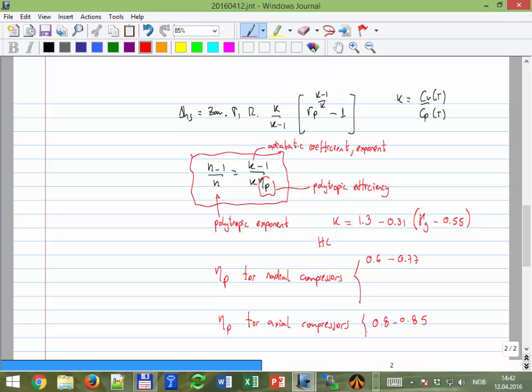The reason is, remember, in radial I'm doing acceleration and diffusion at the same time, so I have a big chance of all of these recirculations. When it's axial, I have less chance that I will face these issues.